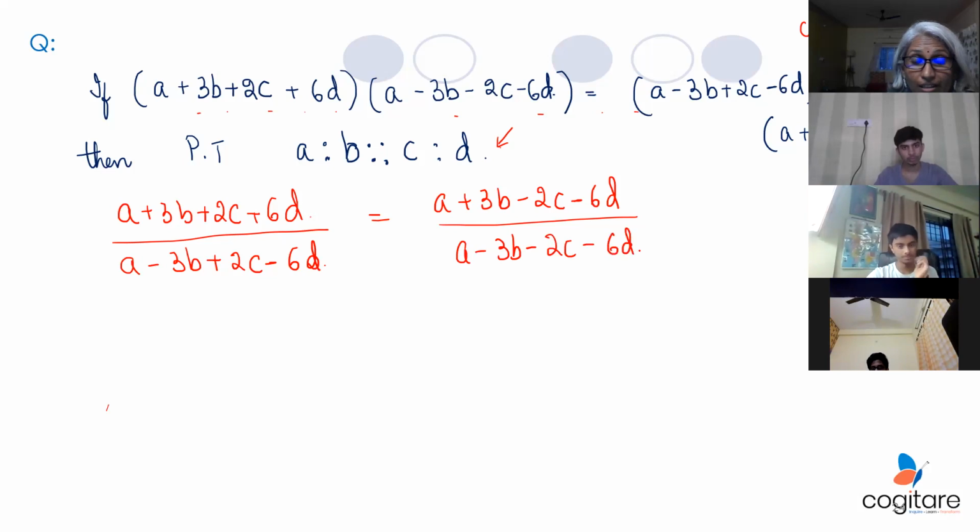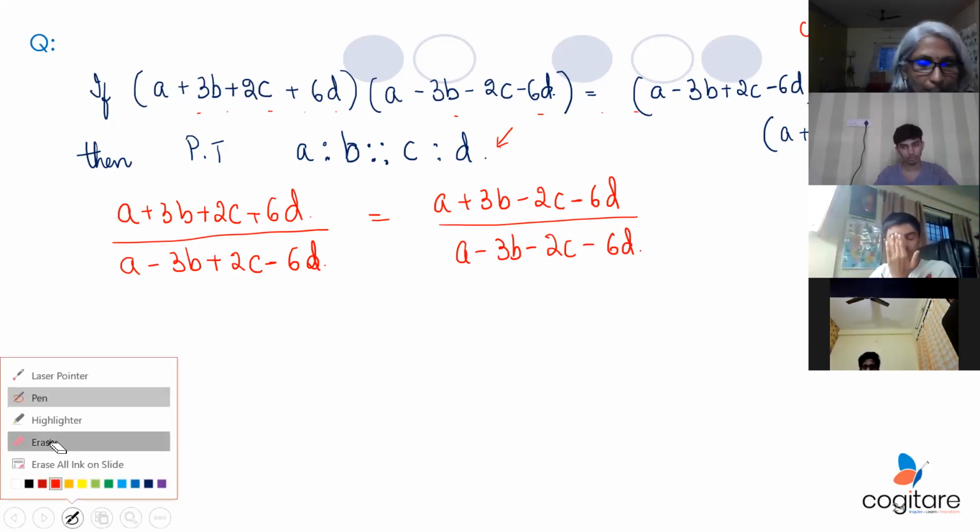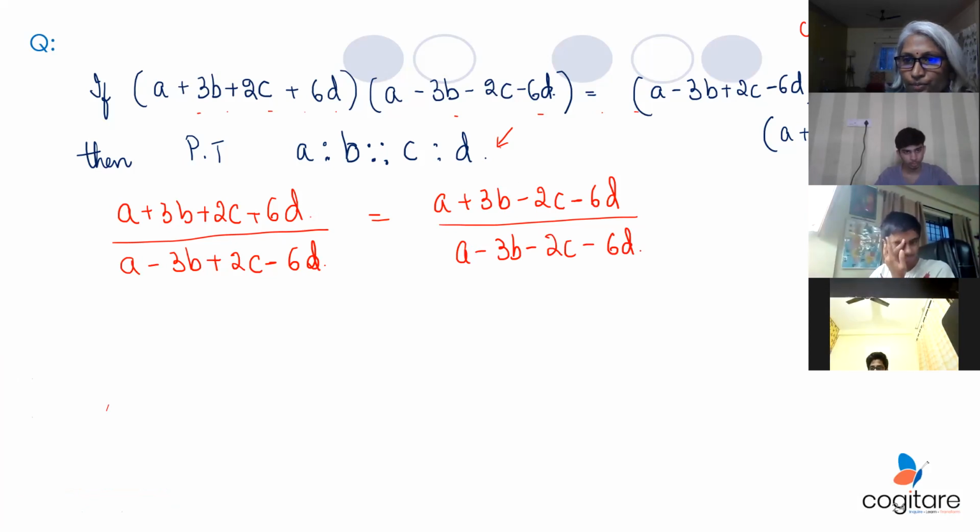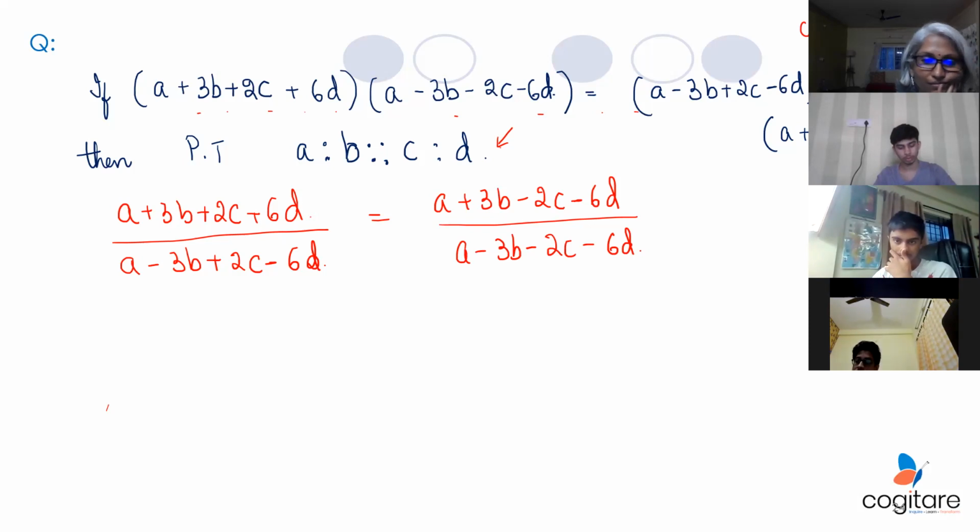Yes, ma'am. Okay, now this is like A by B is equal to C by D, or because A and B are used here, I'll use X and Y so you guys don't get confused. This is like two ratios in proportion. X by Y is equal to U by V. What are the properties you know? Wait, Shreyans, if X by Y is equal to U by V, tell me componendo and dividendo, or just componendo.